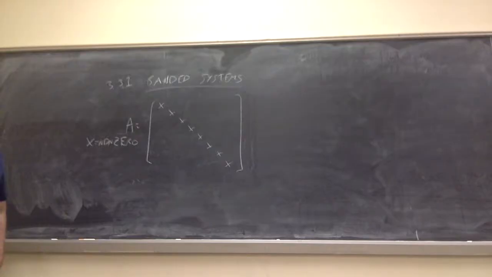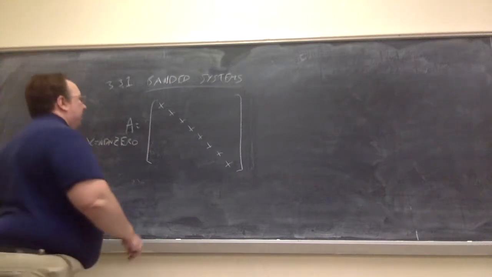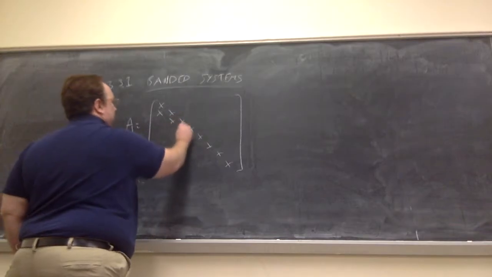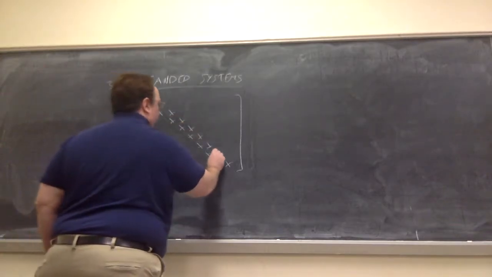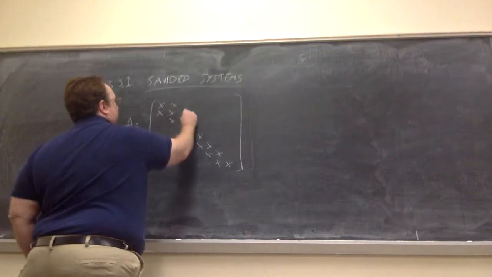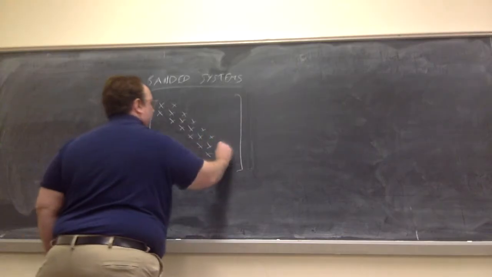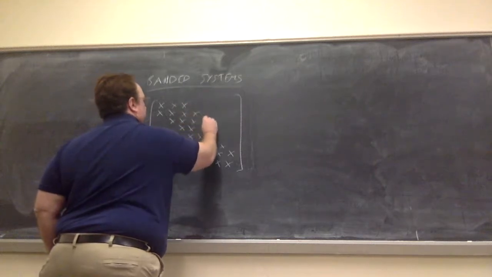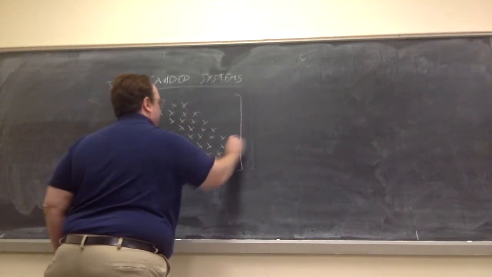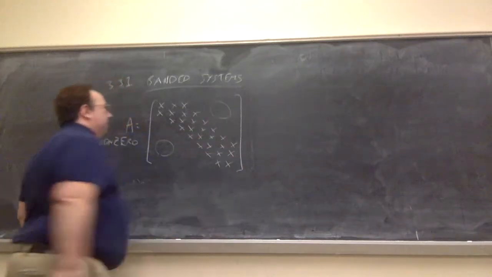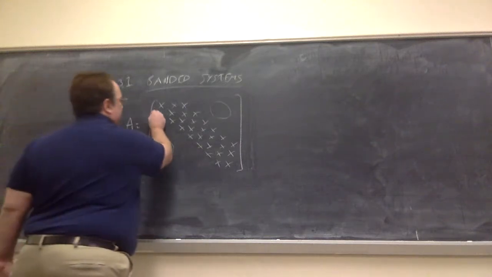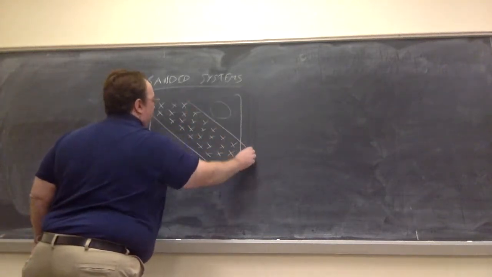Often blank space will signify the 0. Here are entries on the main diagonal, and then I have non-zero entries below the diagonal, and above the diagonal as well. Everything else in the matrix is 0. So all the non-zero entries are confined to this narrow band.